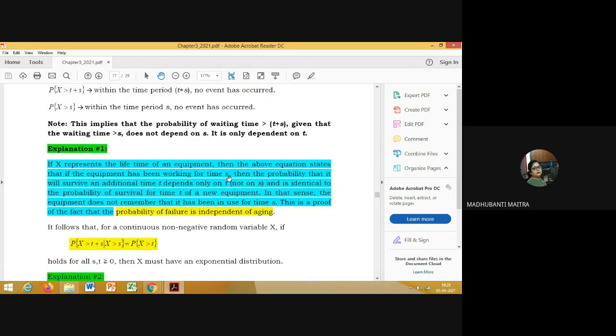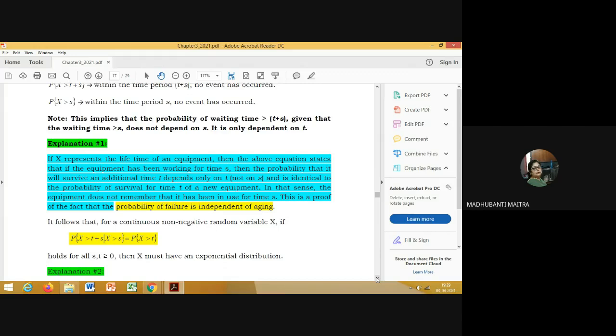So the final probability doesn't depend upon that, and is identical to the probability of survival for time t of a new equipment. That means we are trying to find out the probability that a new equipment will survive for this time period t only. Right?